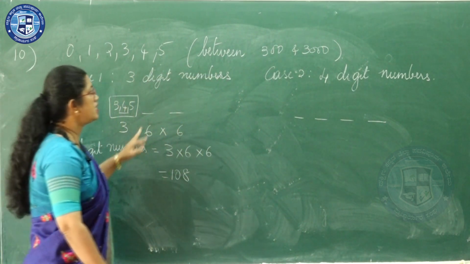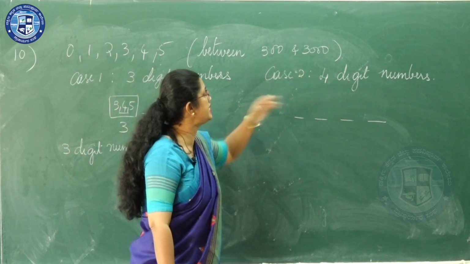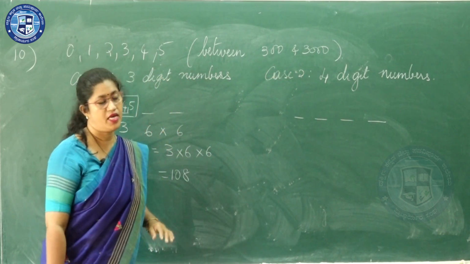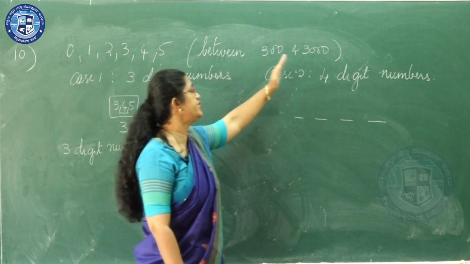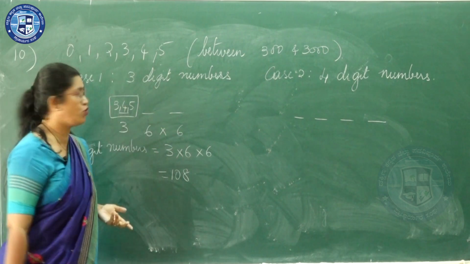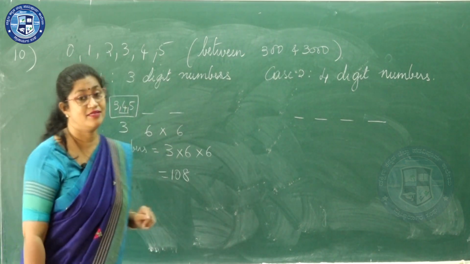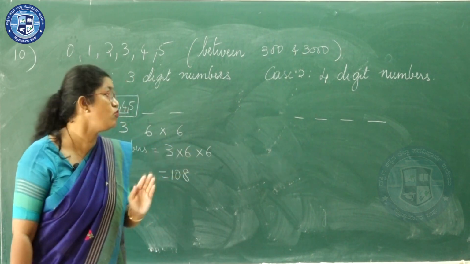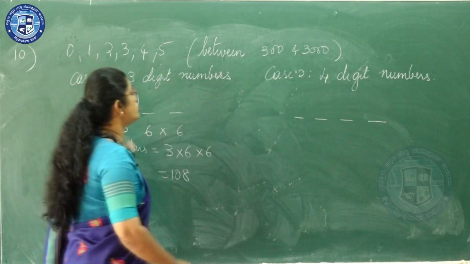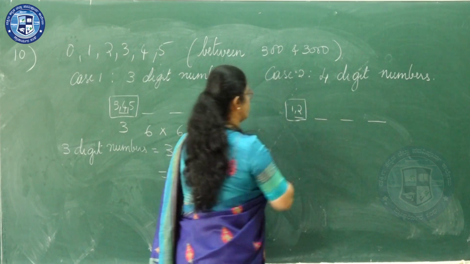First place, now what is the condition? It should be between 300 and 3000. Now if it has to be between 300 and 3000, it should be less than 3000. 0 obviously I cannot put. I can put 1, I can put 2. Can I put 3? Cannot put 3 because the number will become more than 3000. So the only choices I have are 1 and 2.